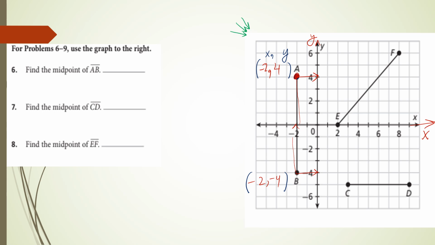Before moving and solving the other thing, let's write all the coordinates. So here are the coordinates of F. So go down, that is 8 are the X coordinate. Go like this. This is the Y coordinate, which is 6. Now for the E, X coordinate is 2 because it's on the horizontal line.